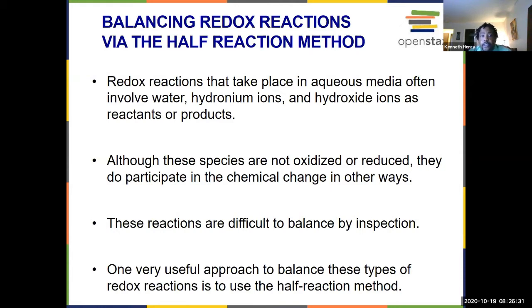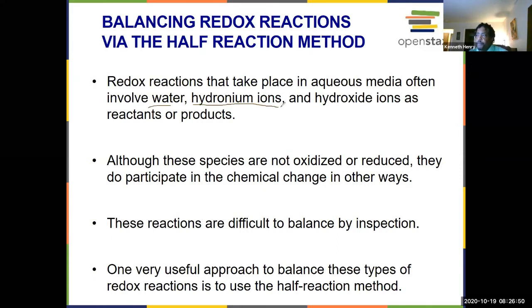The way it works is that your redox reaction is basically being done in aqueous solution. Since it's being done in aqueous solution, you can take advantage of that by utilizing water, hydronium, which we often write as H+ for simplicity, but it's also H3O+, and the hydroxide ion.